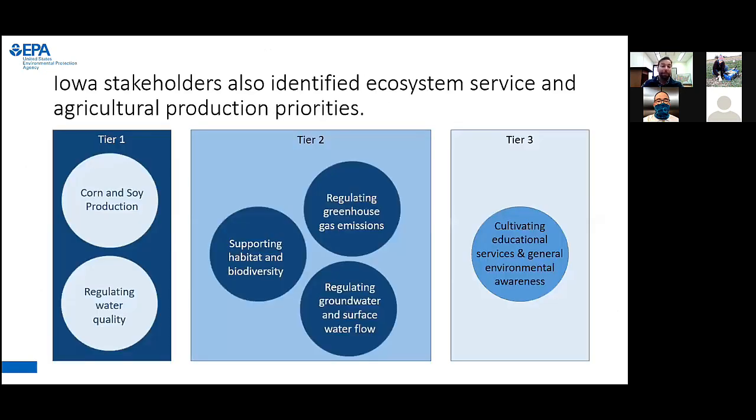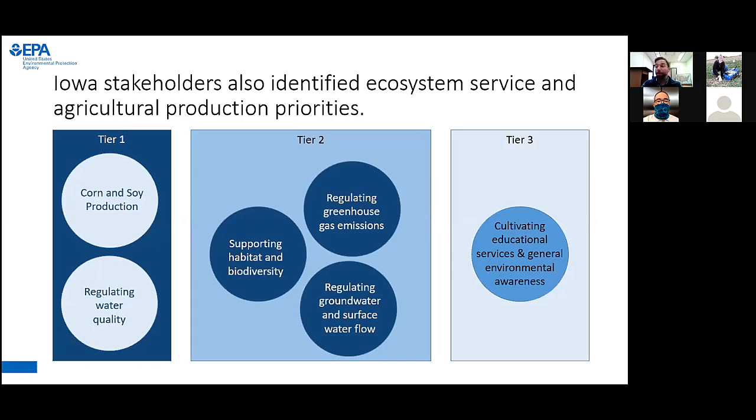In addition to the model scenarios, the Iowa Stakeholder Group also identified ecosystem service and agricultural production priorities for the region. Services identified as the highest priority by the stakeholder group were corn and soy production and water quality. Farmers want to maintain or improve their crop yields, and there's clearly a need for improving water quality coming from the region.